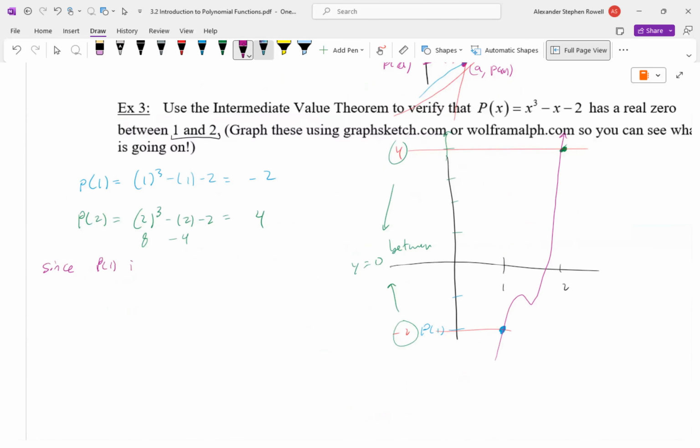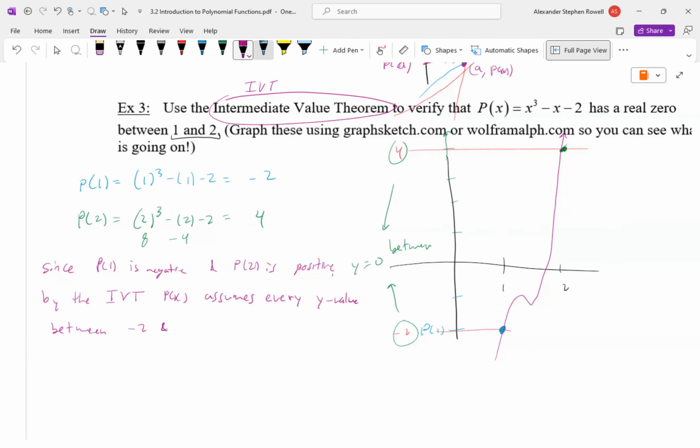Since P of 1 is negative and P of 2 is positive, by the intermediate value theorem, are you okay with me writing IVT for intermediate value theorem? By the intermediate value theorem, P of x assumes every y value between -2 and 4.